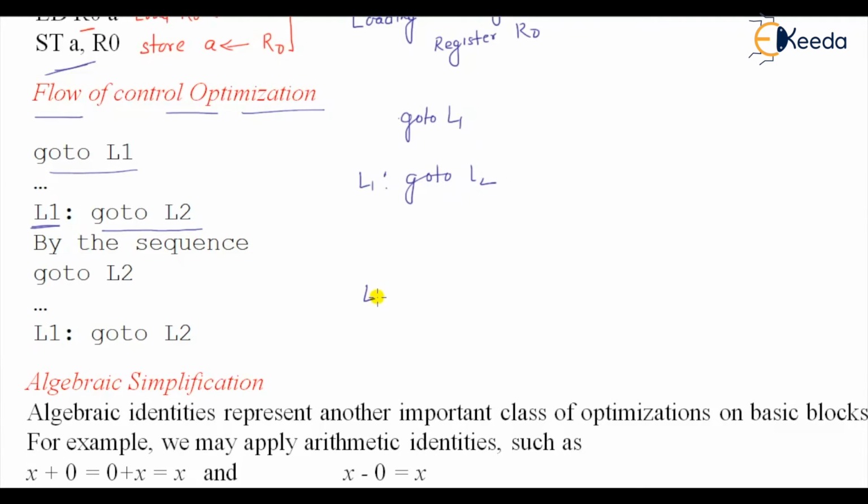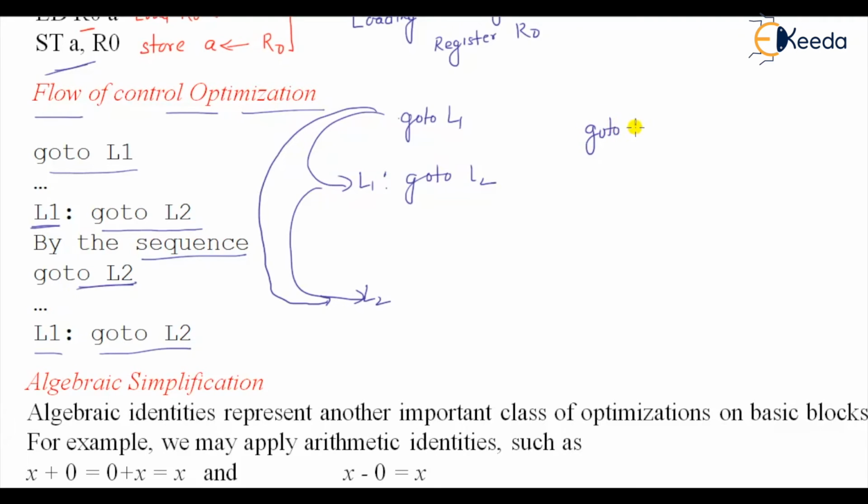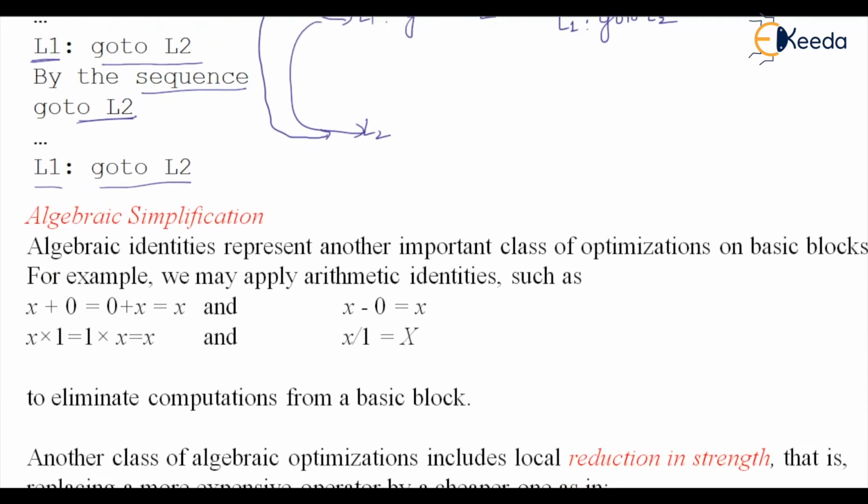We are coming from here to here and here to here, and the optimization technique says that I can directly jump to L2. So rather than writing this, we can replace this sequence by go to L2, and L1 will stay as its own sequence, which says go to L2. That is flow of control optimization.